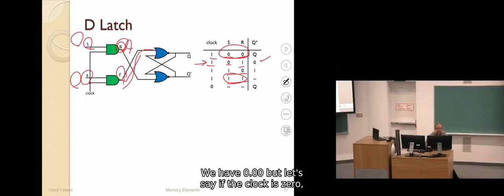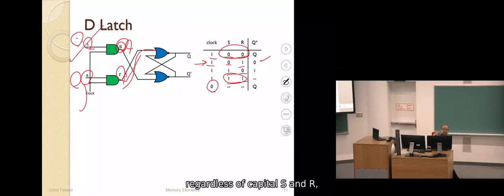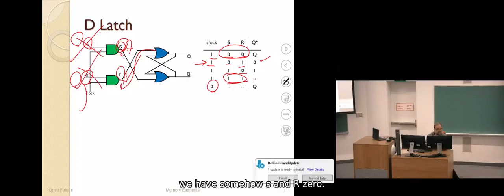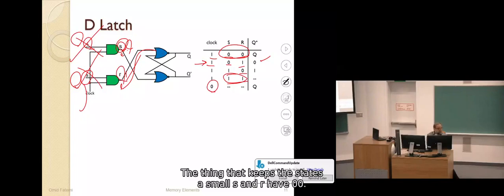But let's say if the clock is 0, regardless of capital S and R, the little s and little r are 0. Okay? So, if the clock is 0, we have somehow s and r 0, the thing that keeps the states.